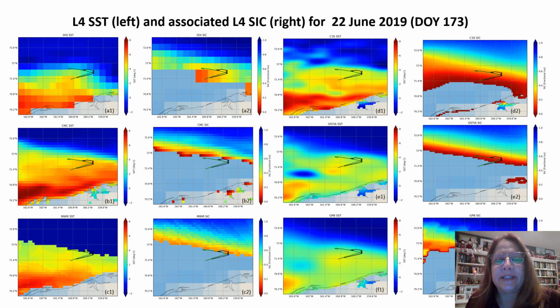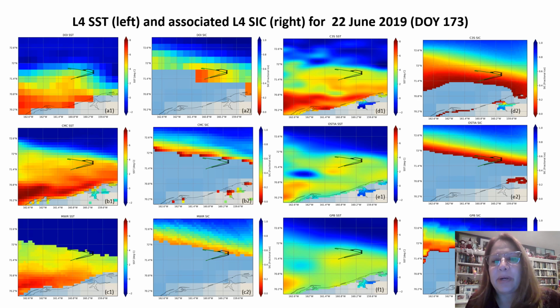In order to understand the source of the differences, we plotted these images on day 173. On the left, we have the SSTs. On the right, we have the sea ice concentrations. And we can see one of the main factors for the difference is the definition of the ice edge in the different sea ice concentration products. So the ice edge is usually defined as concentrations less than 15%.